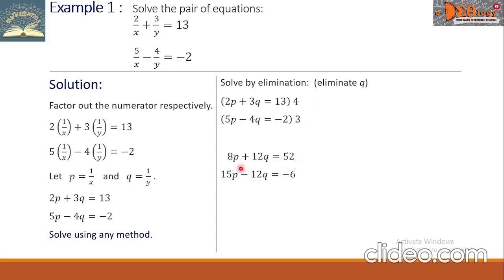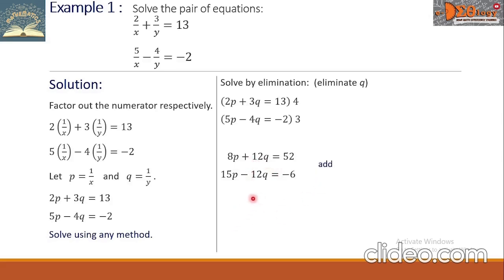The first equation becomes 8p plus 12q equals 52. Second equation becomes 15p minus 12q equals negative 6. Now let us add. We can see here that the q variables have coefficients with opposite signs.